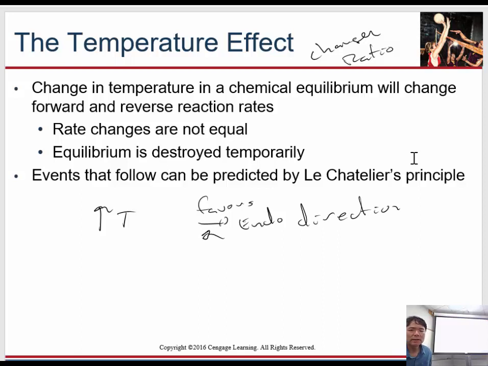So one way is endothermic, the other is exothermic, and so we have to figure out which direction it is. And that's a question mark here. Decreasing temperature favors the exothermic direction. And so let's take a look at something here.